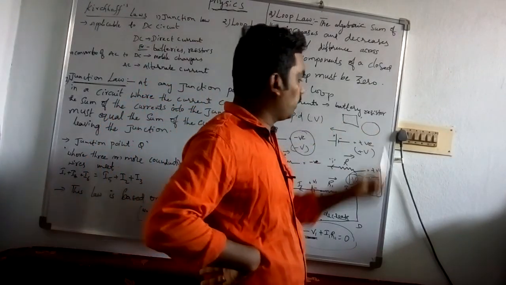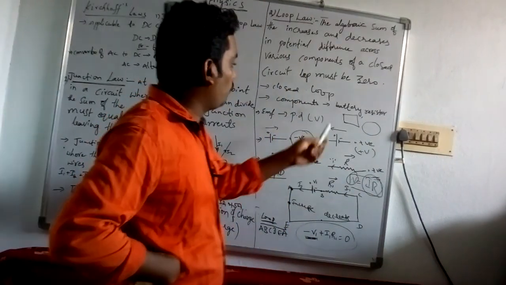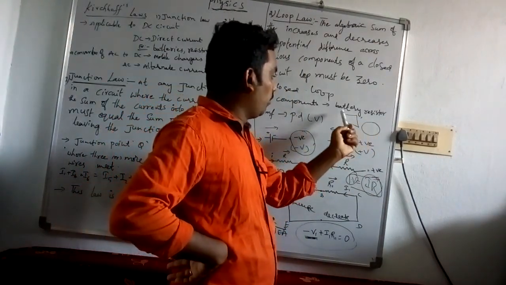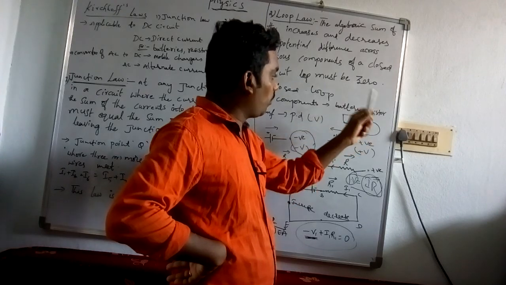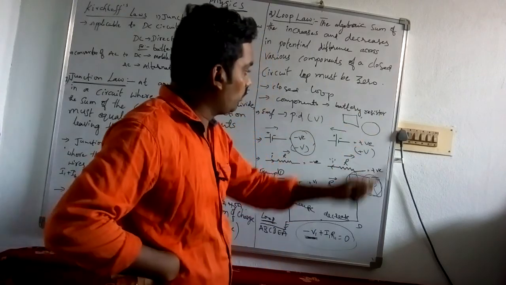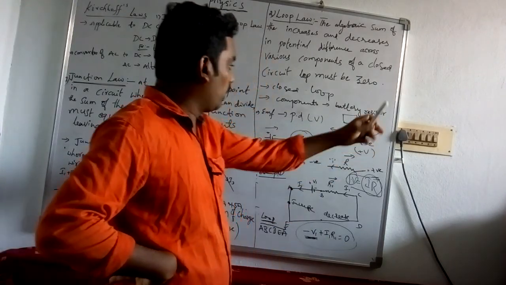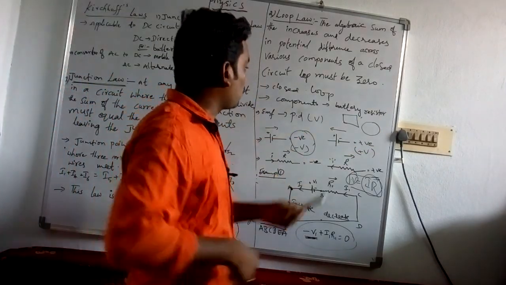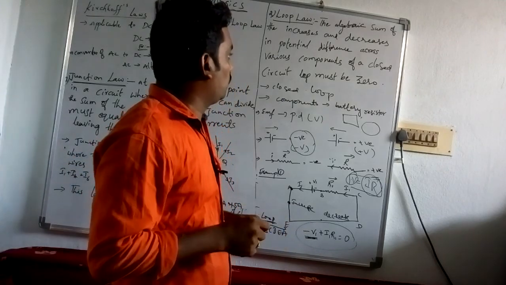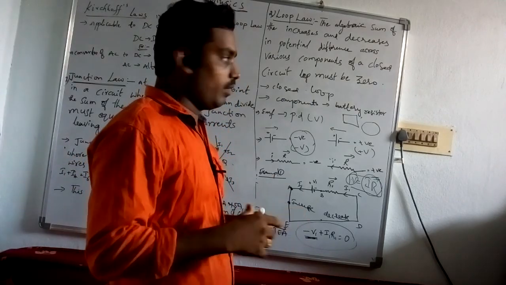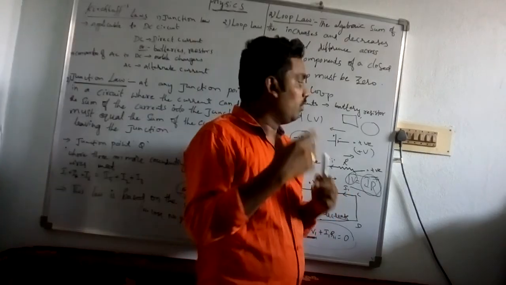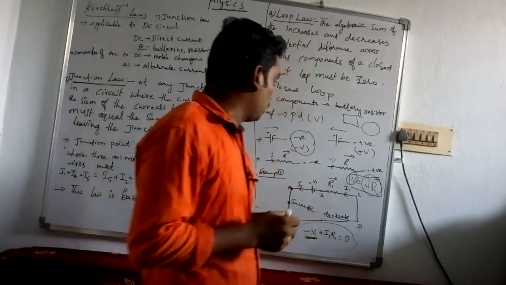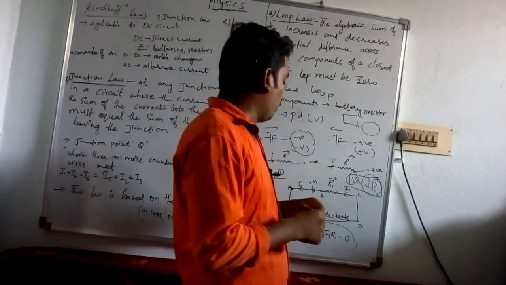Components mean battery and resistors. Current will pass from the battery and through the resistors. The battery will give current, and the current will pass through the different components, meaning resistors, voltmeter, ammeter. Then the potential difference changes depending on the point, from one place to another.